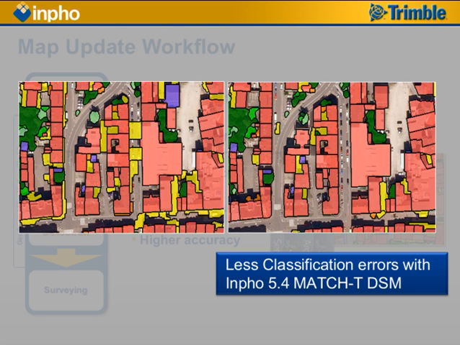And now looking at the right, there's the result that was generated with the new DSM point cloud, and you can clearly see that along the streets, for example, all those misclassifications are gone. So it's a much higher benefit that I get from this Inpho 5.4 version, just because I need much less editing and much less effort to check all the data.